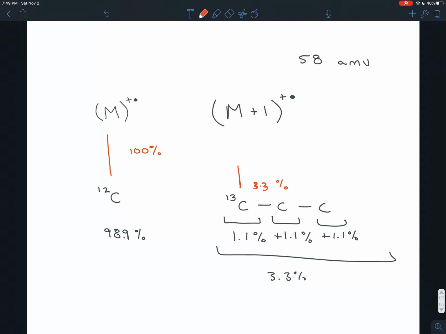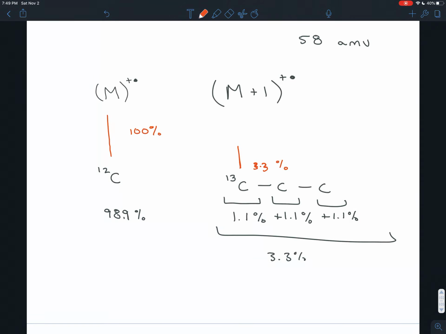In other words, the percent height of the M+1 peak to the molecular ion peak tells you how many carbons you have. If the M+1 peak is 1.1% of the molecular ion peak, then you only have 1 carbon. If it's 2.2%, then you have 2 carbons.